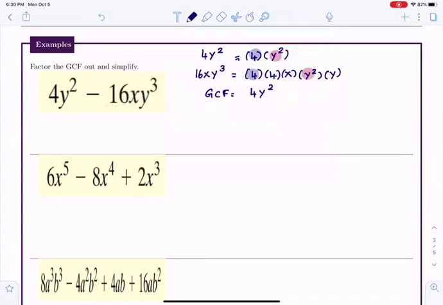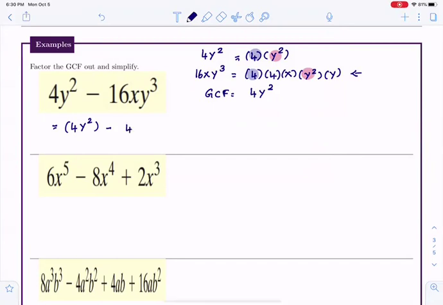Now, how does this help in terms of simplifying? I'm going to rewrite the expression. The first one is 4y squared. Great. If we go back and look at 16xy cubed, I broke it down and wrote it in terms of the GCF and whatever was left behind.